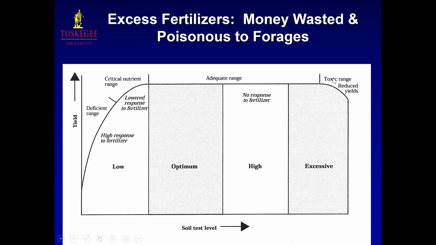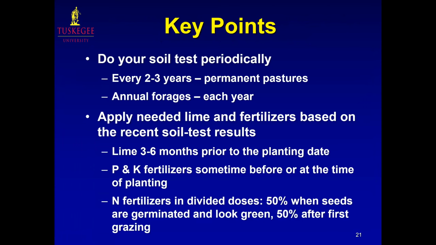So we should definitely never apply too much fertilizer. That's why soil test is very, very important to find out how much fertilizer is required and which kind of fertilizer is required. And all the time we need to follow the soil test results to apply the right kind and the right amount of fertilizer.